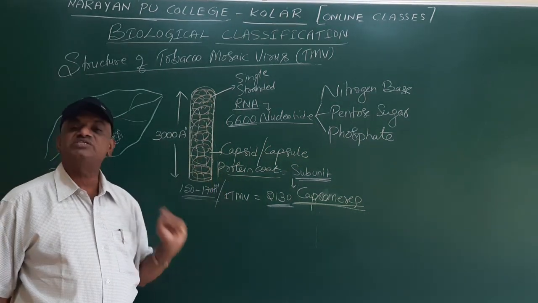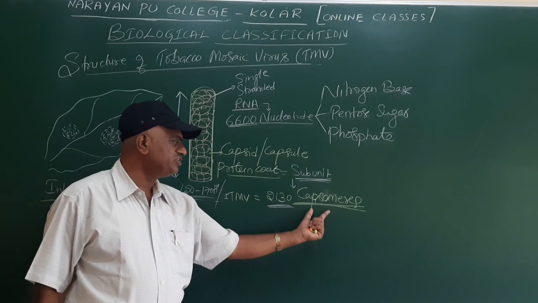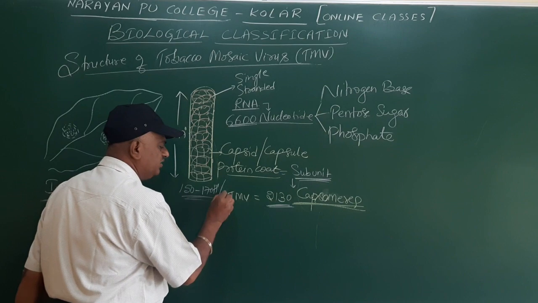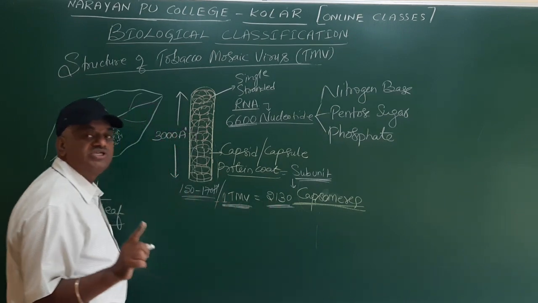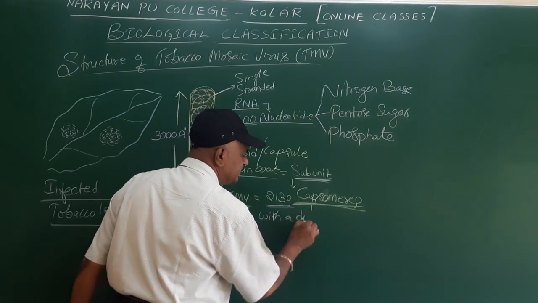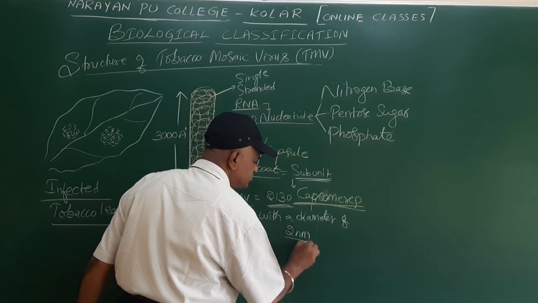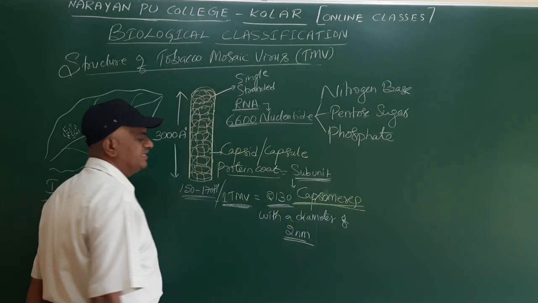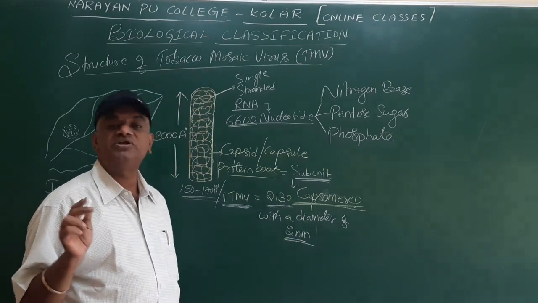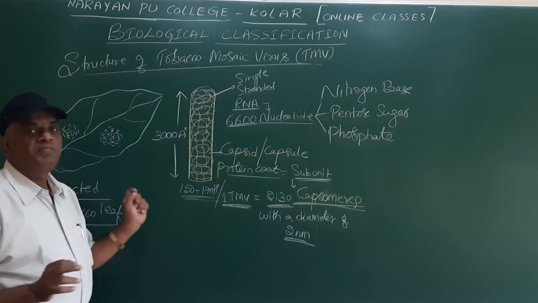This protein coat is made up of protein subunits, and protein subunits are called capsomeres. One TMV has 2130 capsomeres, and each capsomere has a diameter of 2 nanometers.